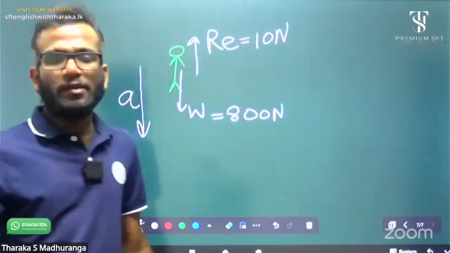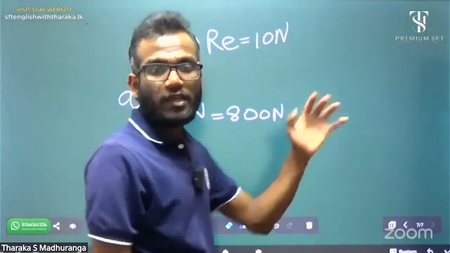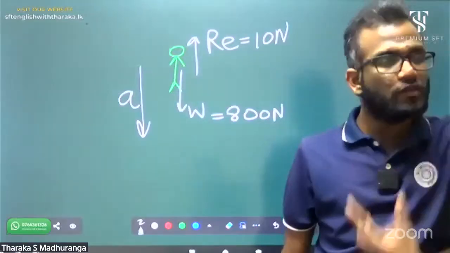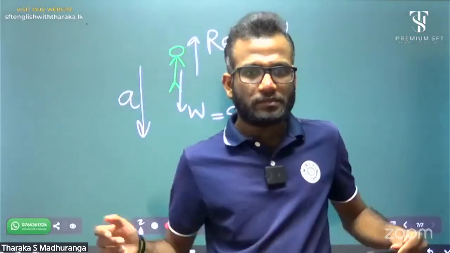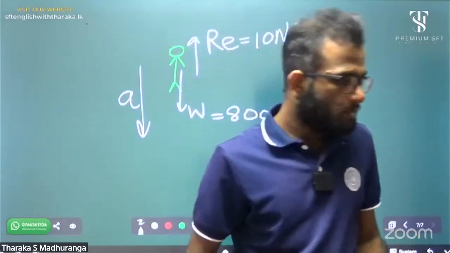Now tell me, according to this question, he falls down with uniform velocity. What is the requirement for uniform velocity?